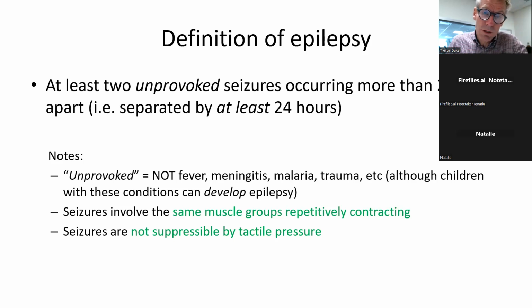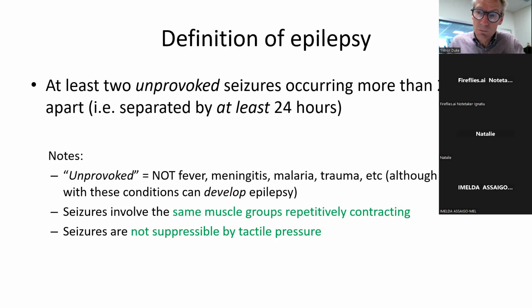You need to understand what an unprovoked seizure means. It means a seizure in a child who doesn't have any other reason for having a seizure. So it's understandable if a child who's got meningitis or malaria or head trauma would have a seizure. That doesn't make epilepsy. So it has to be an unprovoked seizure, and it has to be at least 2 seizures more than 24 hours apart.